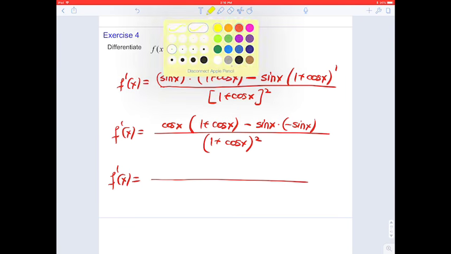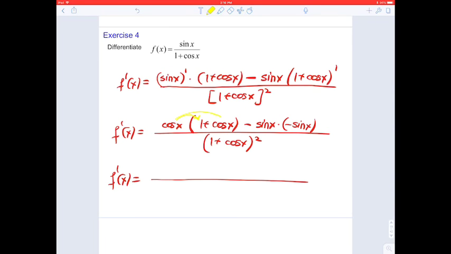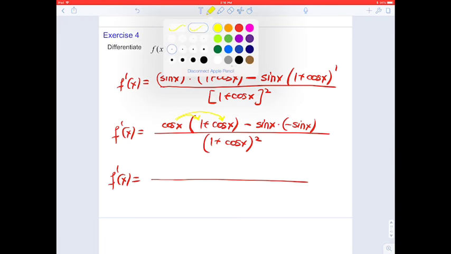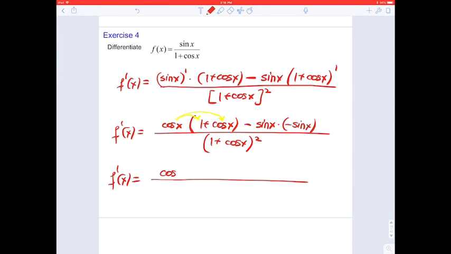We have to distribute cosine of x times 1, cosine of x times cosine of x. Cosine of x times 1 is cosine of x. Cosine of x times cosine of x is cosine squared. Negative sine of x times negative sine of x is positive sine squared of x. All over 1 plus cosine of x squared.